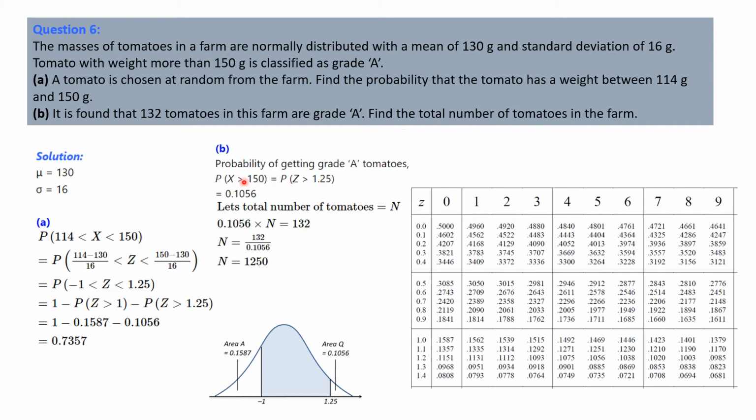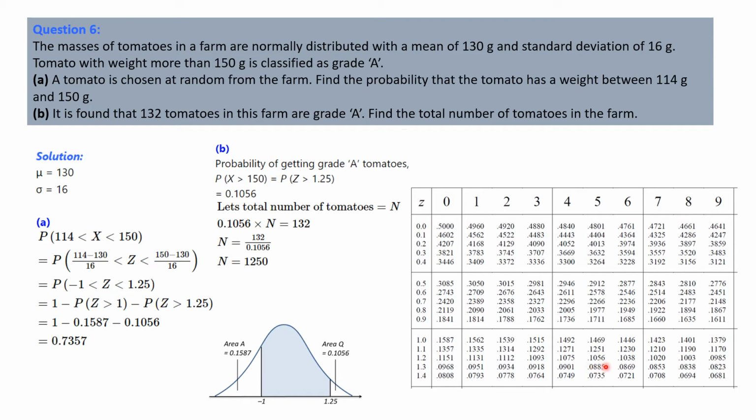Right? So the probability of getting a grade A tomato is probability for x greater than 150. After we standardize it, you will have probability for z greater than 1.25. And again, we refer to the table. For probability z greater than 1.25, we will have 0.1056.